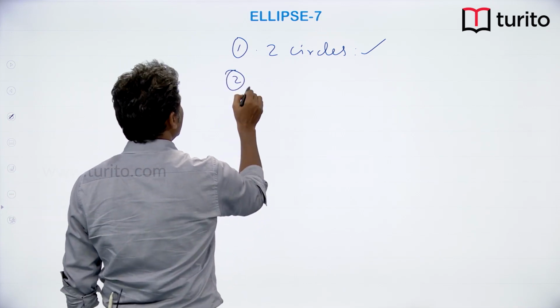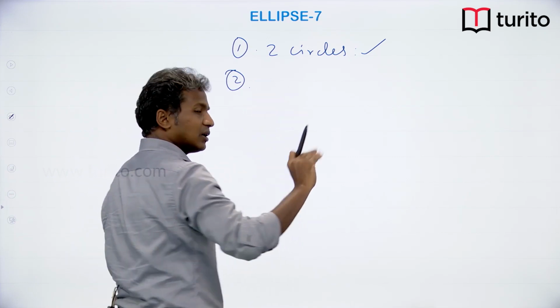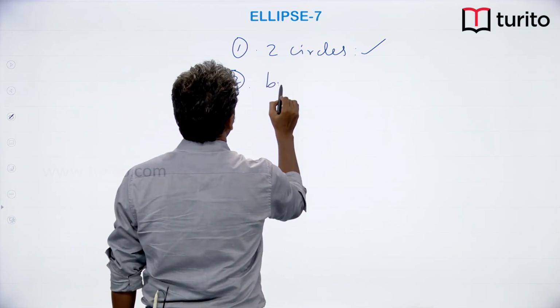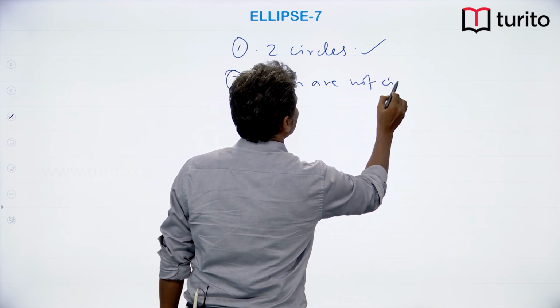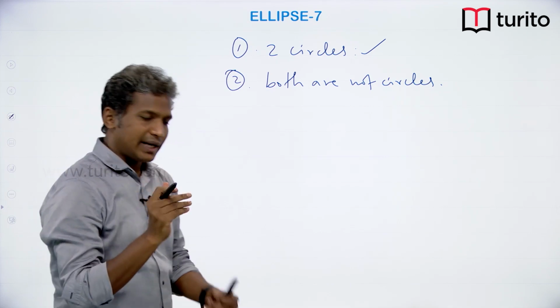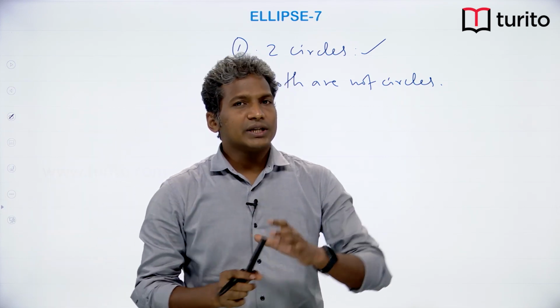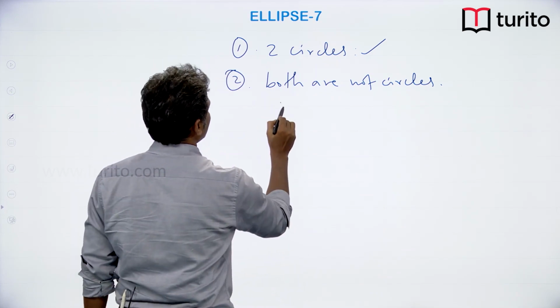For any other two curves, if both are not circles, then there is one method. What is the method? First write equations of tangents in slope form.